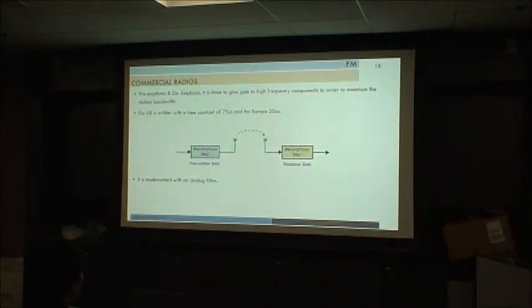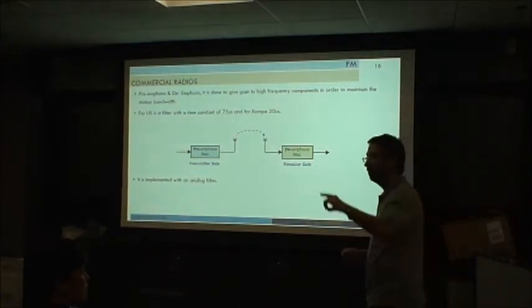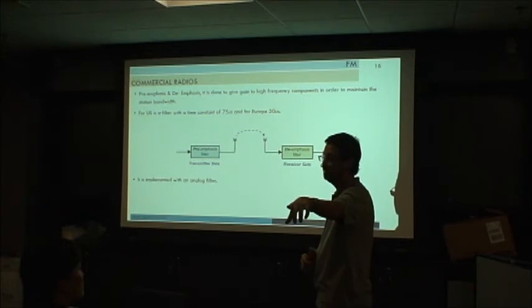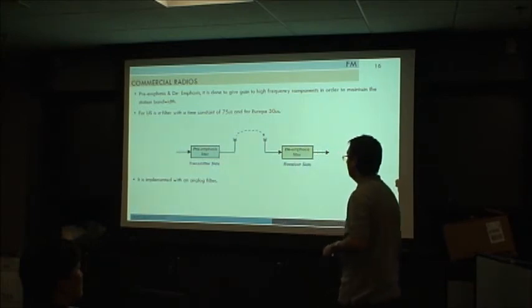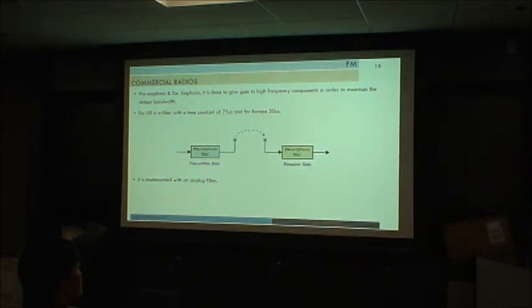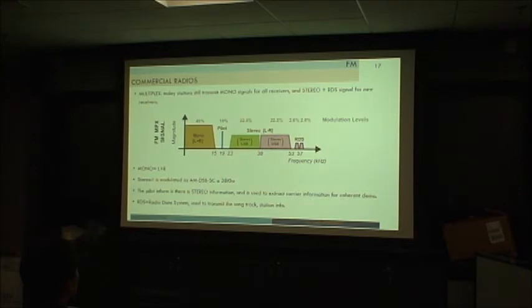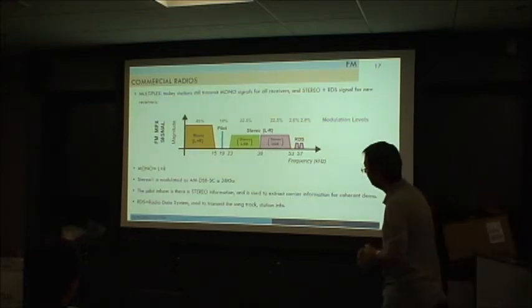Because we are attenuating these frequencies here, then we have some kind of amplifier to give a better response to that frequency. And on the receiver side, of course, we amplify, and then on the receiver side we take into account that amplification. You remember something of this, or you don't remember? You should remember something.